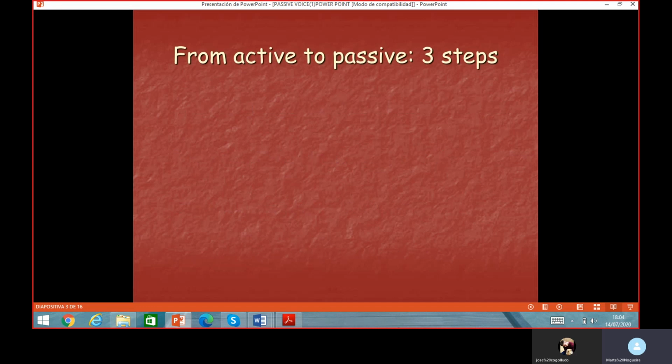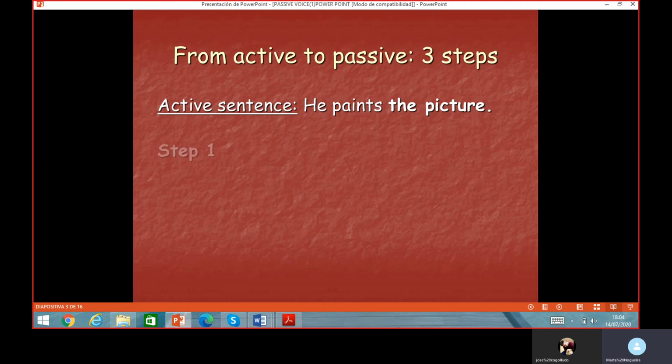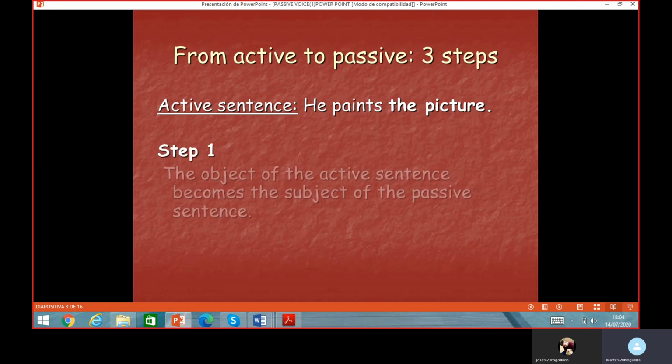We have 3 steps to pass from an active sentence to a passive one, but this is not mandatory for the exam. You are not going to be asked to do that in the exam, but you should know that the object of the active sentence, so for example in this, he paints the picture, the object, which is the picture, becomes the subject of the passive sentence.